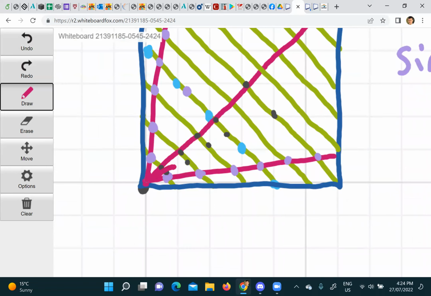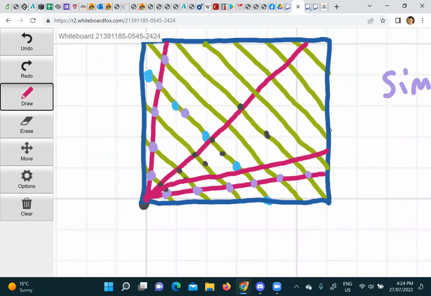How many squares is that now? Wait, 1, 2, aren't you double counting, 3, 4, 5. So that'll be 15, yeah? 15. And that does have one overlap square.